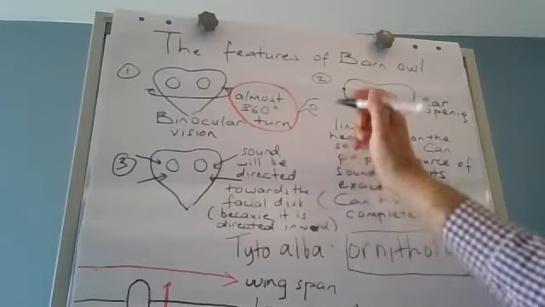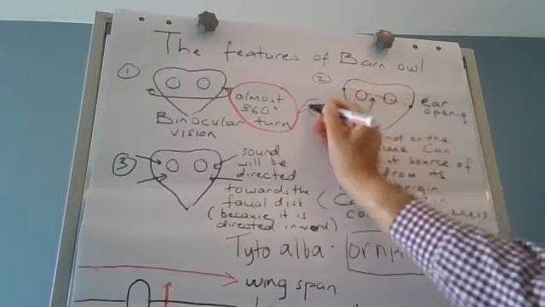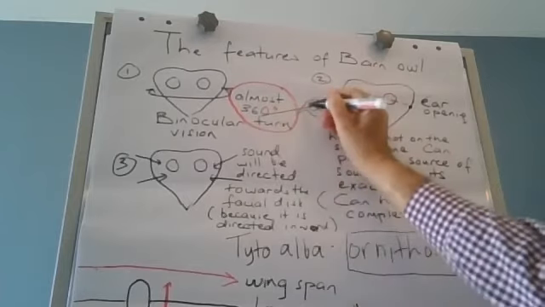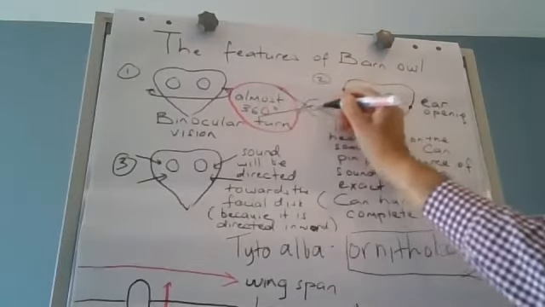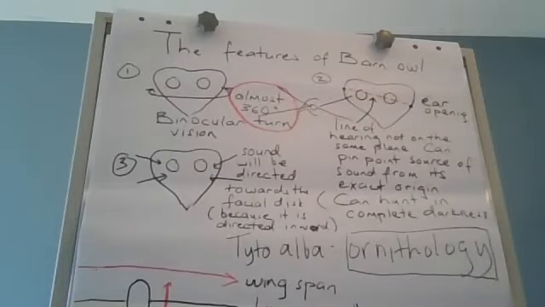So it will cover almost, but not quite, 360 degrees of the surroundings in order to detect an approaching predator.